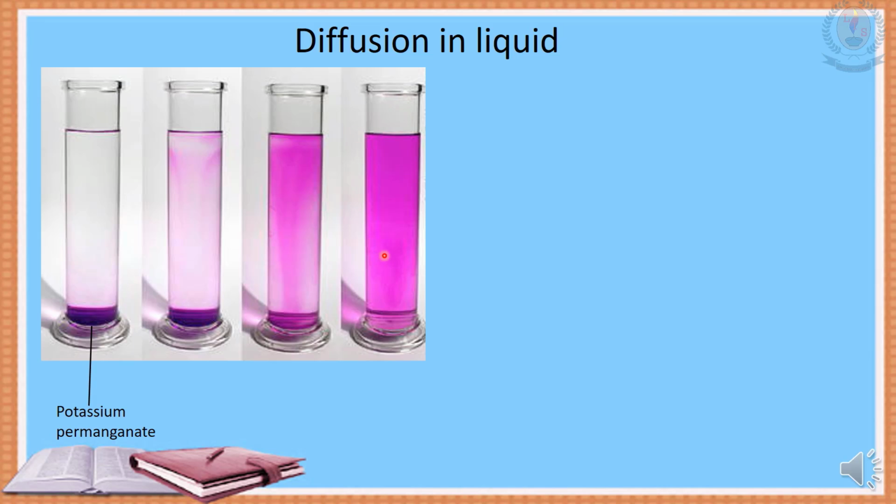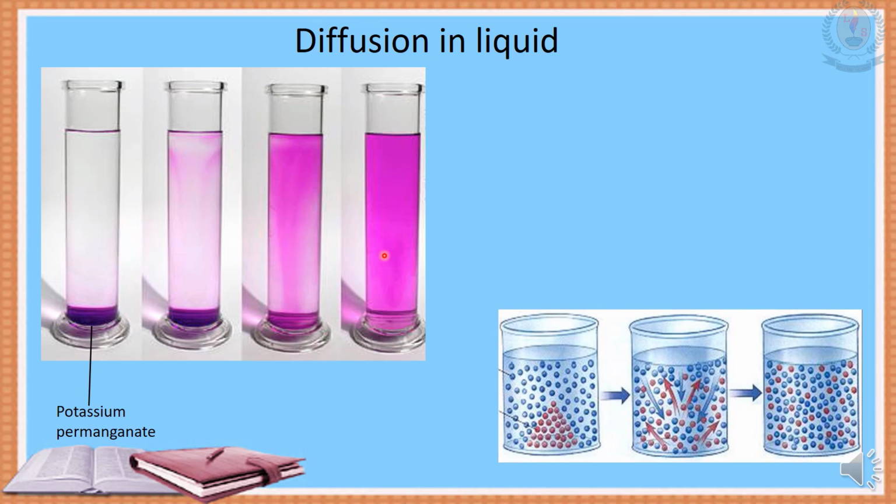This one we will describe with the arrangement of the particles. Now here at the bottom you can see the potassium permanganate, and the blue color particles are the water particles. When the water particles collide with the potassium permanganate particles, gradually they move in all directions of the beaker.